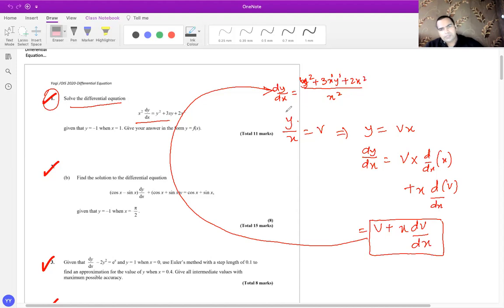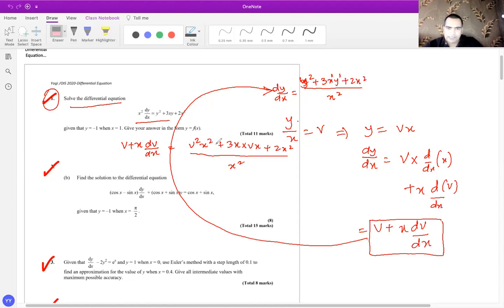So now when I do that substitution, let us see what happens if in place of y I put vx. So dy by dx is replaced by v plus x dv by dx equals, in place of y we're going to put vx, so it will be v squared x squared, plus 3x times vx plus 2x squared, over x squared.